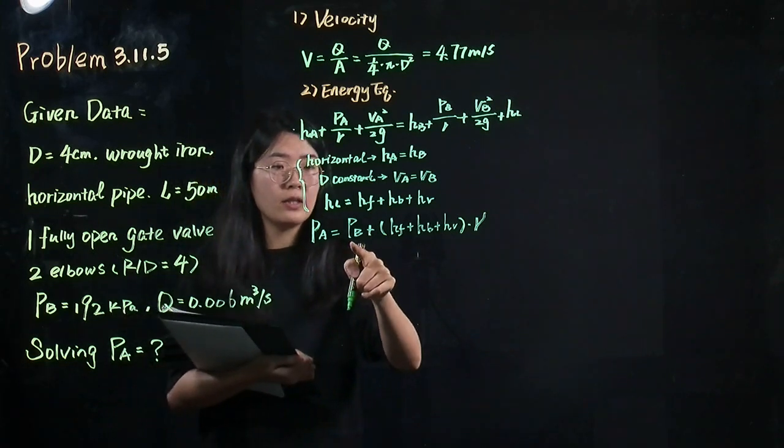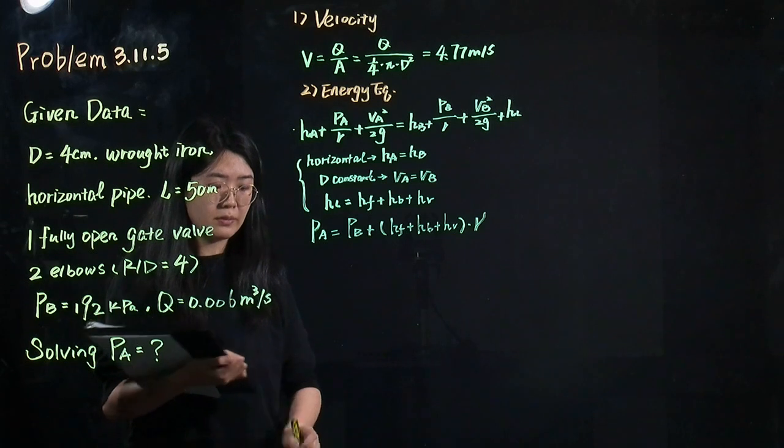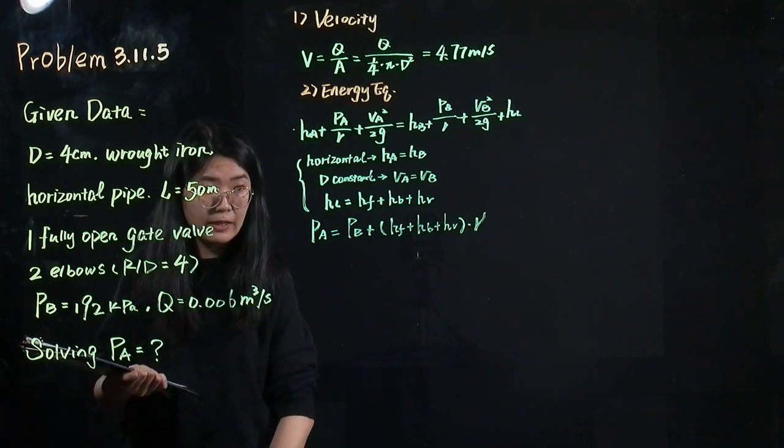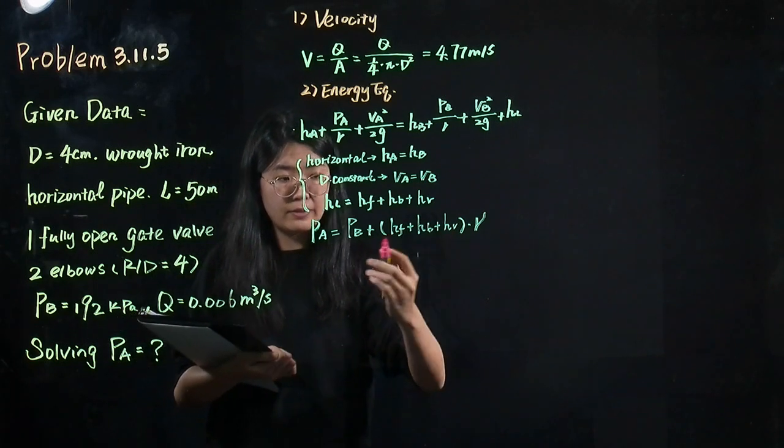Because the pressure at point B and the specific weight of water are given, the next step is to figure out the value of each loss.